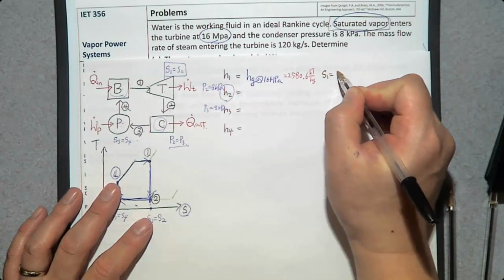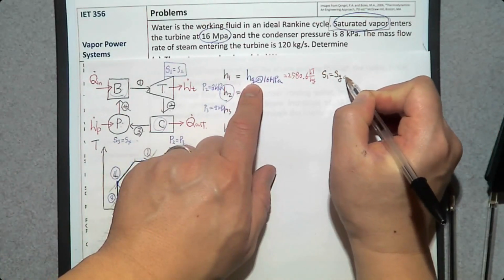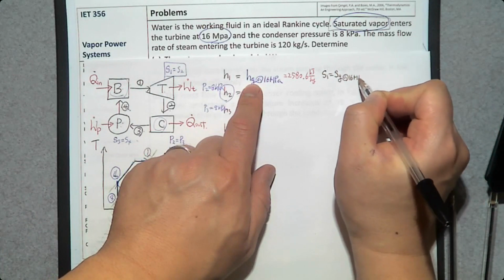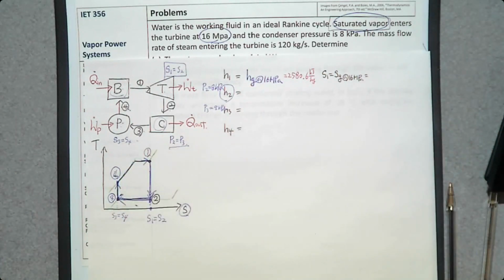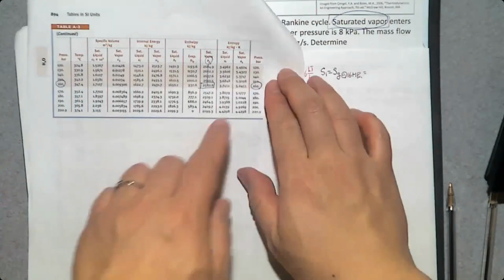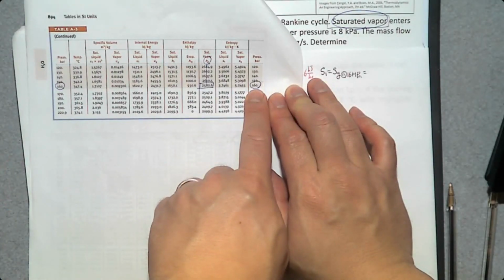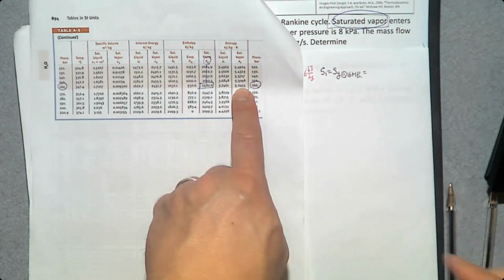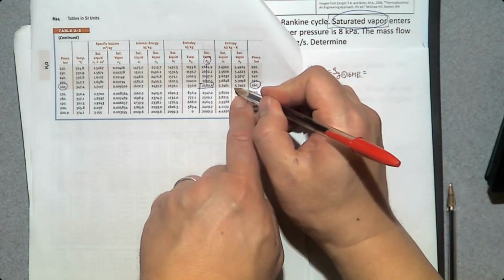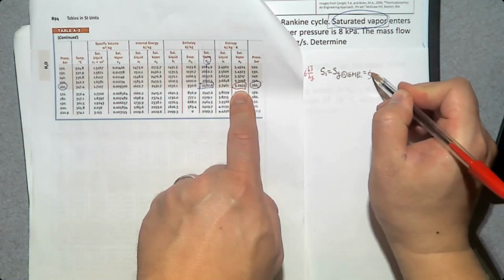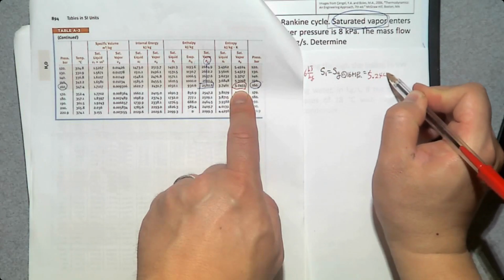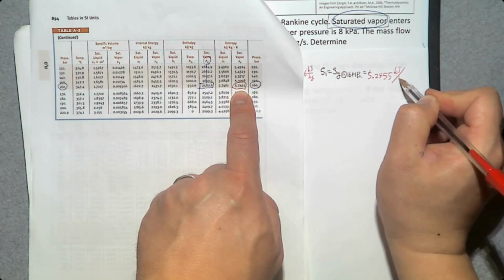S1 can be determined by the same rule as Hg at 16 megapascal. What is it? At 160 bar, Sg is this number here, 5.2455 kilojoule per kilogram Kelvin.